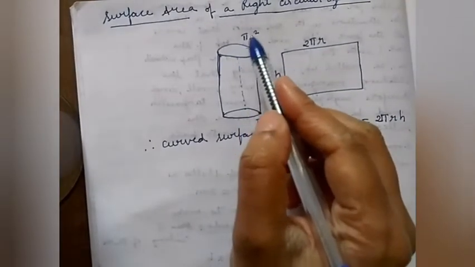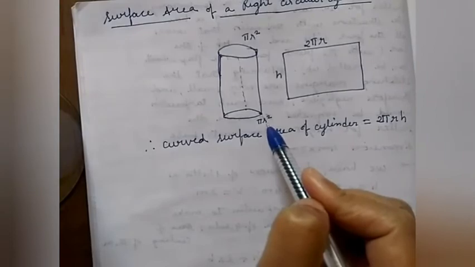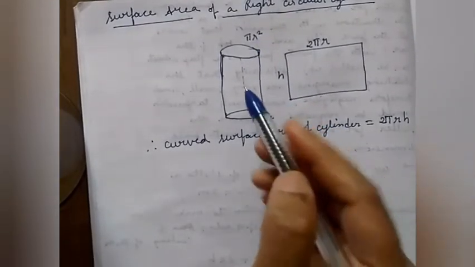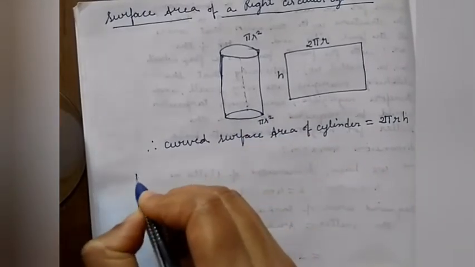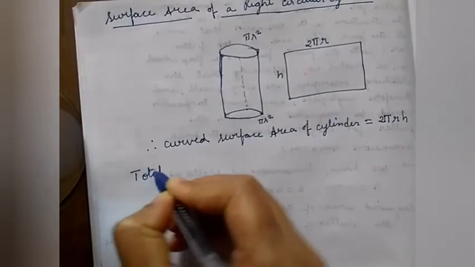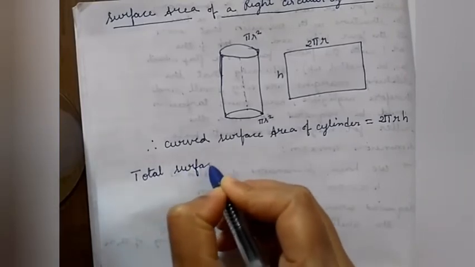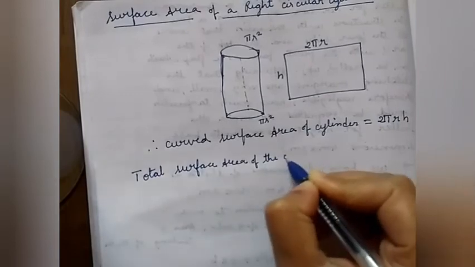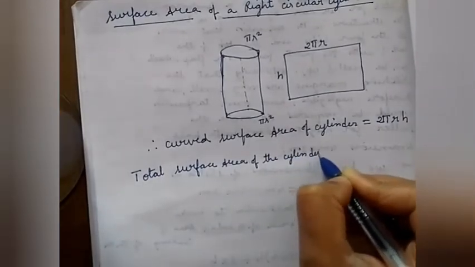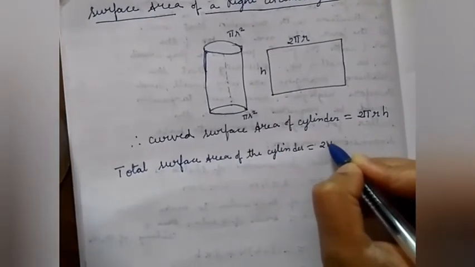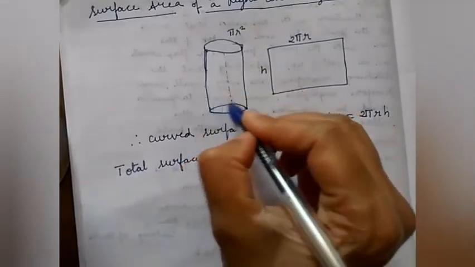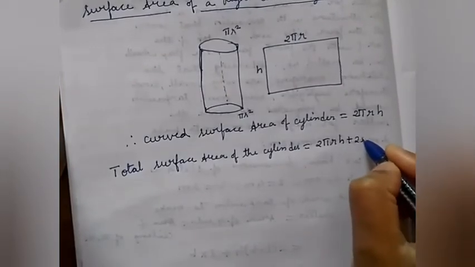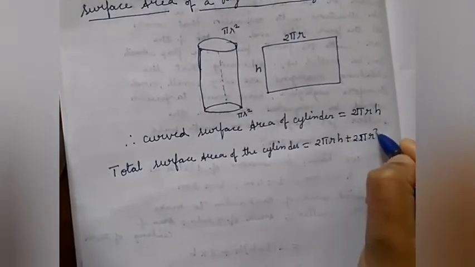So both circles together make 2 pi r square. The total surface area of the cylinder is equal to 2 pi r h, which is the area of the curved shape, plus the area of the circles, that is 2 pi r square.